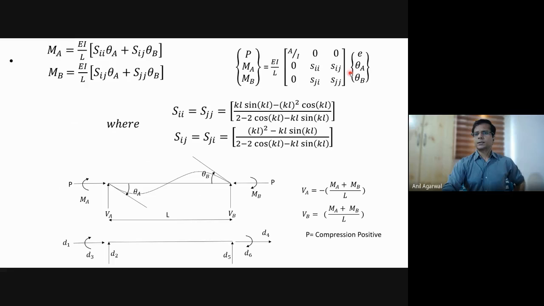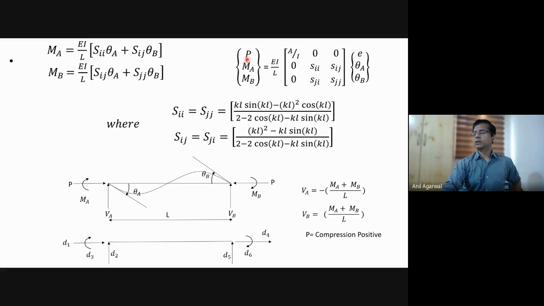As we know, P in itself, or the axial deformation in itself, is not affected by the rotations. That may not be absolutely true. If you go to an even higher order analysis, you will see that as the member deforms, even axial deformation is affected by that, but we are ignoring that effect.